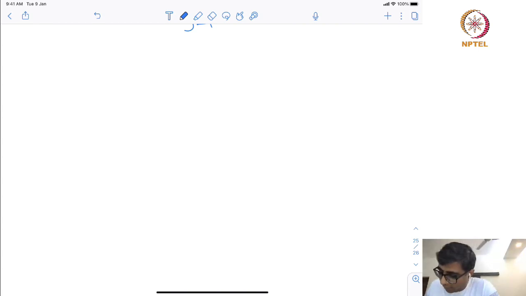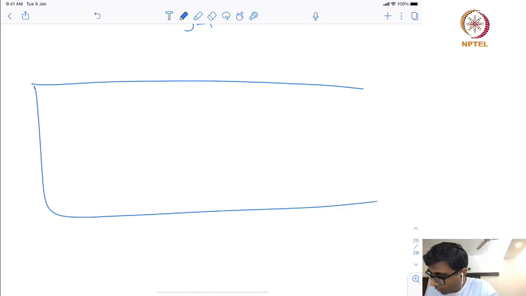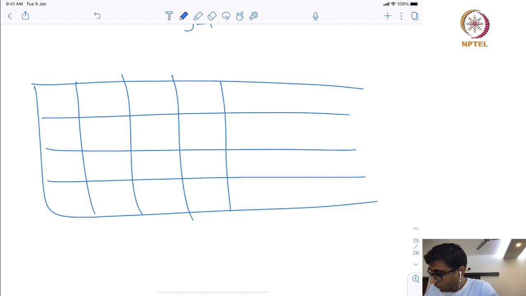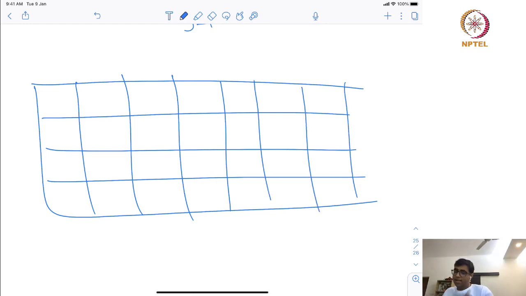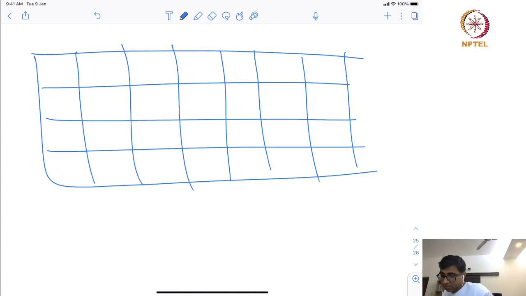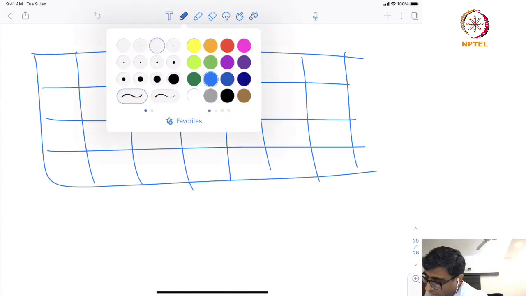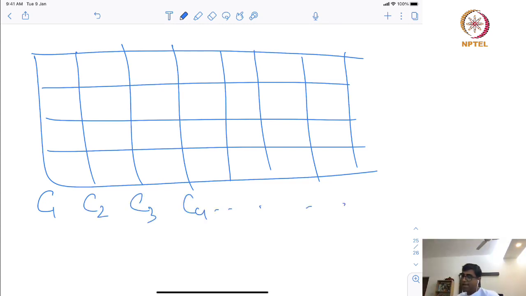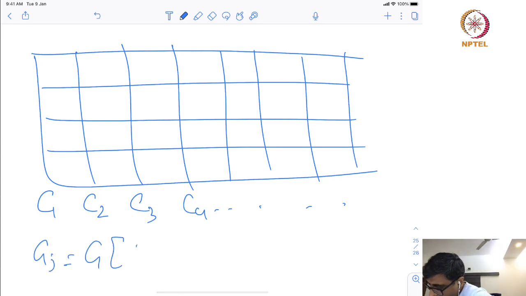Leaves and trees are very beautiful, but now what about grids or subclasses of grids? Never mind if my drawings are not that beautiful. The way we constructed a path, we could construct this grid column by column. First column 1, column 2, column 3, column 4, and so on, and the graph Gj is the graph induced on column 1 union up to column j.